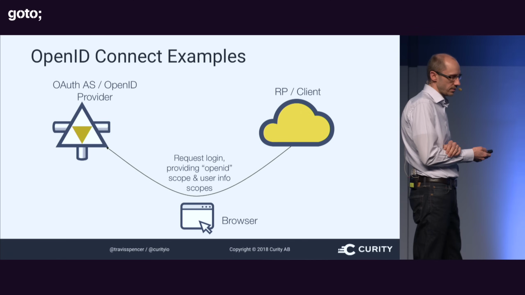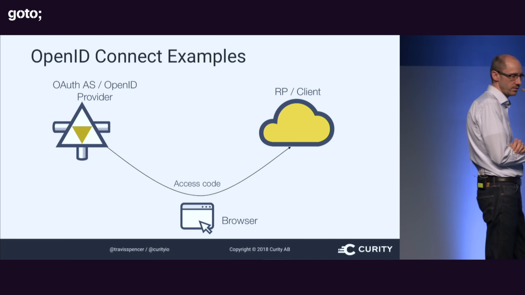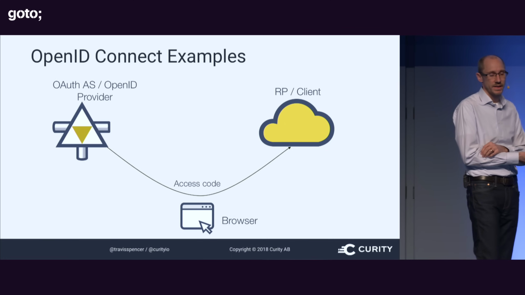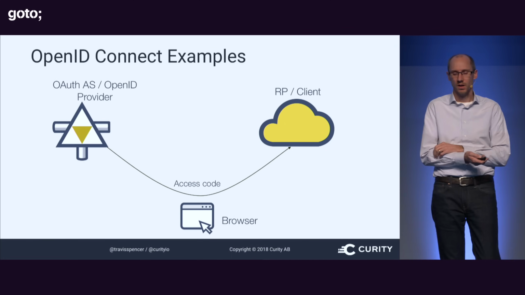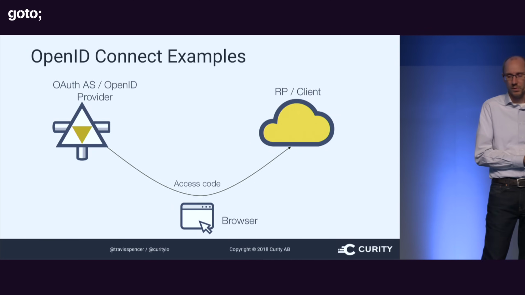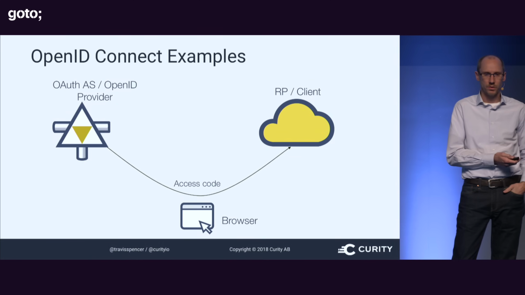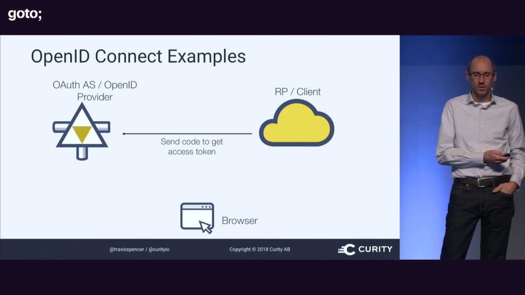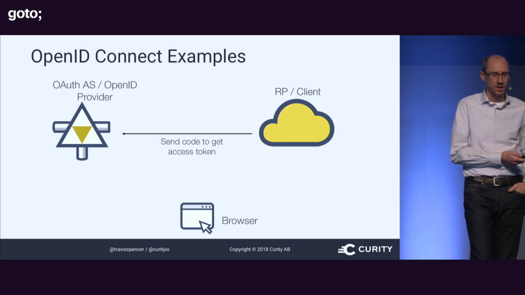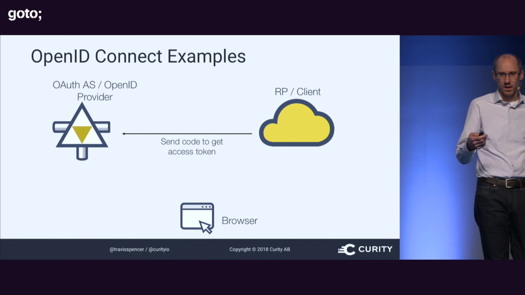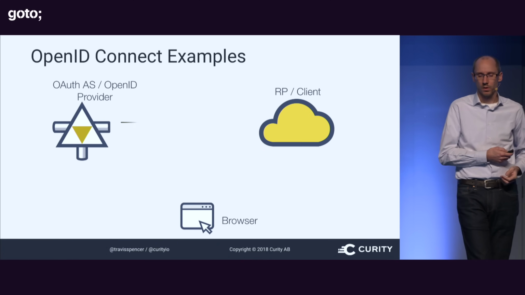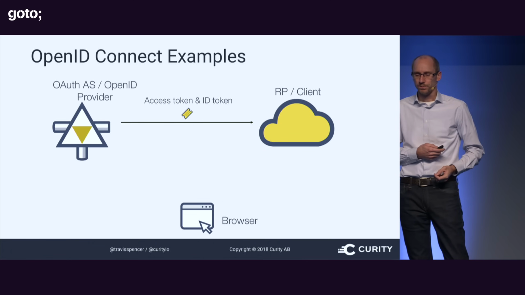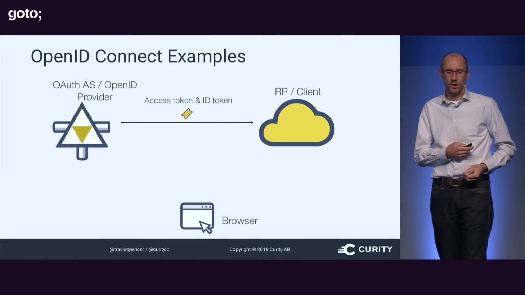So then, once the server receives that request and the user is authenticated and has delegated its rights to the application, that authorization code will be returned again to the application, the relying party. The relying party will send that authorization code to the OpenID Connect provider, at this point authenticating on the back channel like we talked about before, and the results will be an access token and an ID token, and maybe even a refresh token.